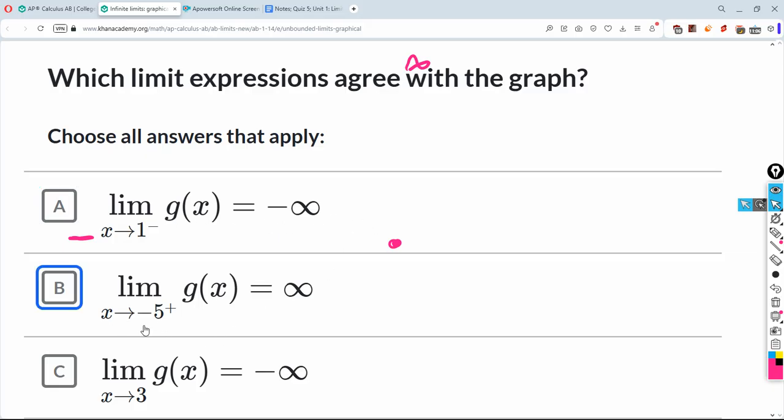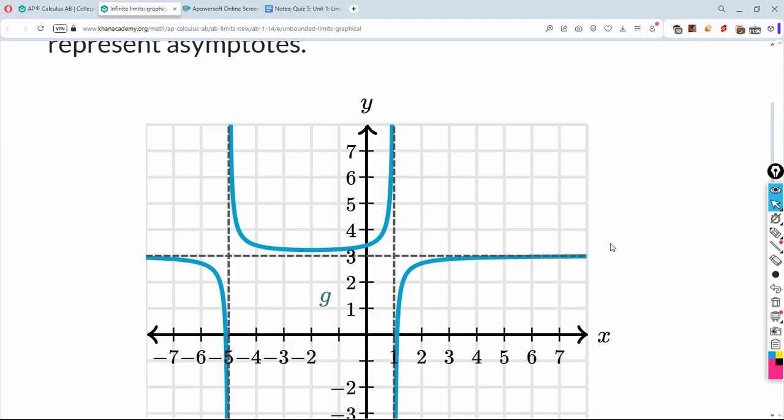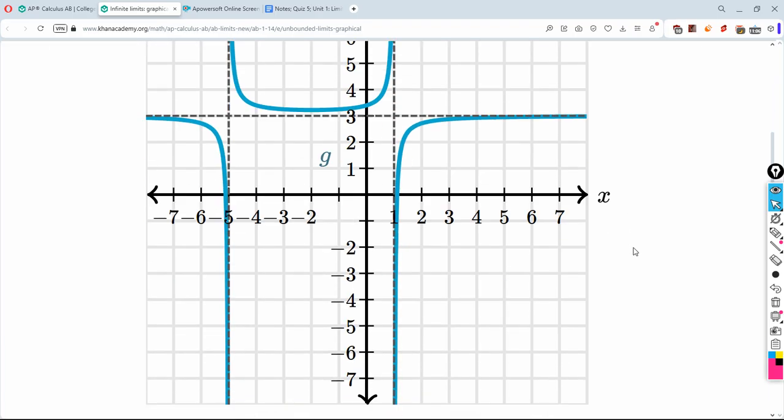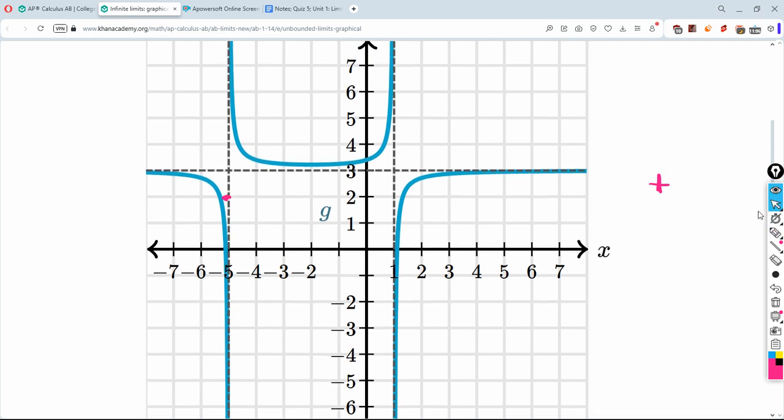Part B, x approaches negative 5 from the positive side. See if it's positive infinity. All right, we're approaching negative 5 from the positive side. So here's the positive side. We're approaching negative 5 from this side, and the graph just goes up right here. Okay.